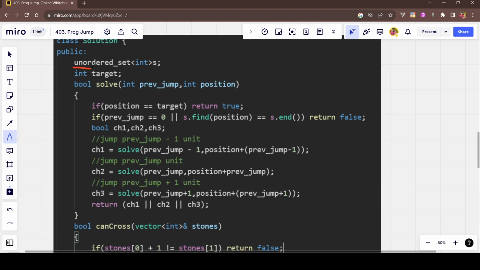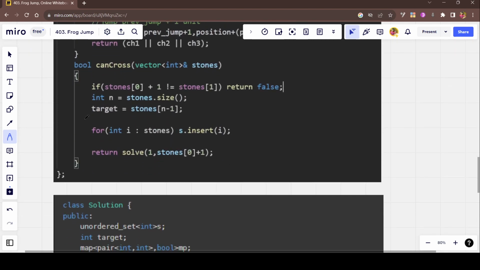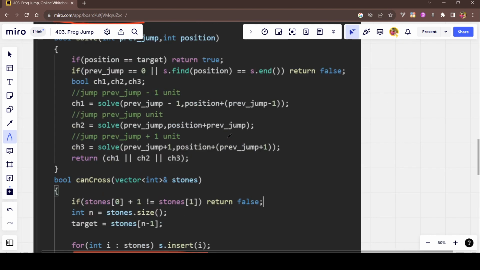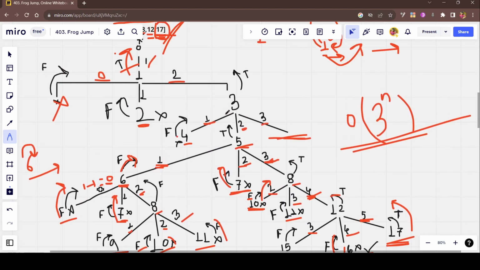I have created another set of integers, s, in which I have saved my stones, that is, in which positions I have stones. Because if you carefully see, on each index I first have to check if it is safe to place on that position, or I have to go back.